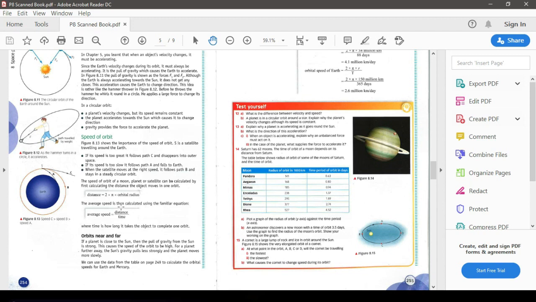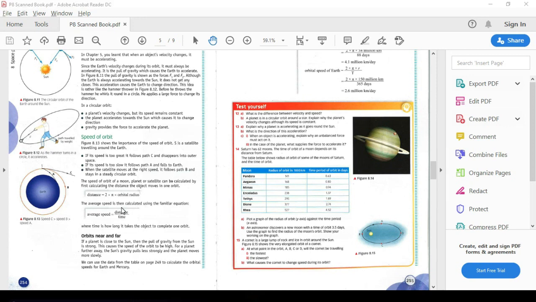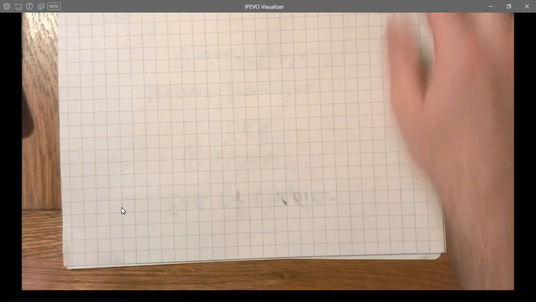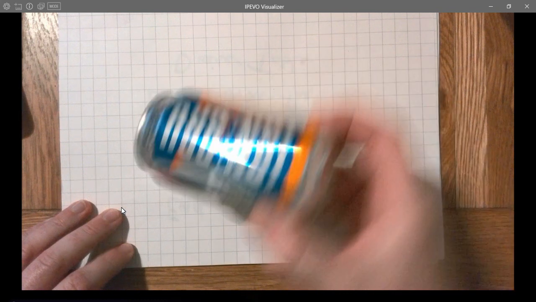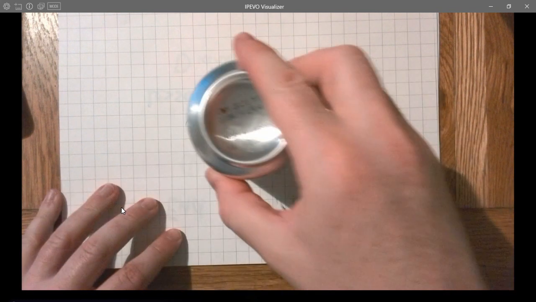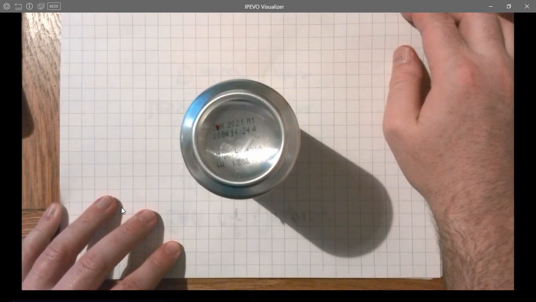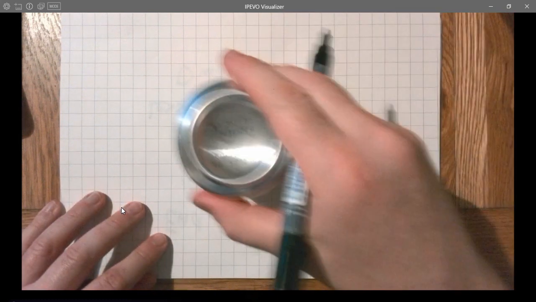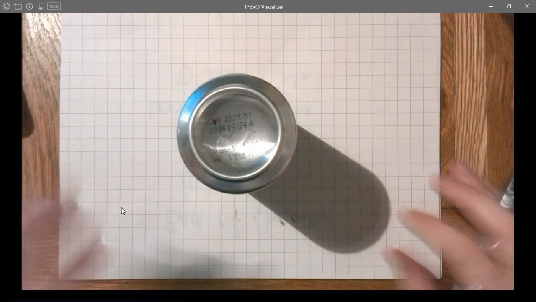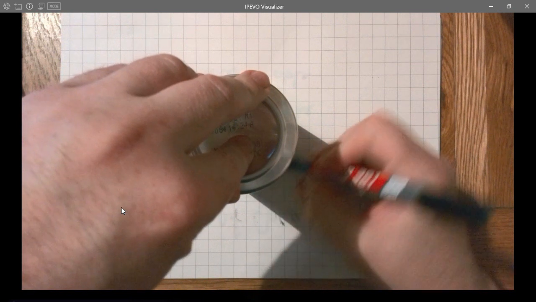Now, I have a question for you, and the question is quite cool. Which means I have to go back to here and draw another Earth. So bear with me for a minute while I draw another planet.